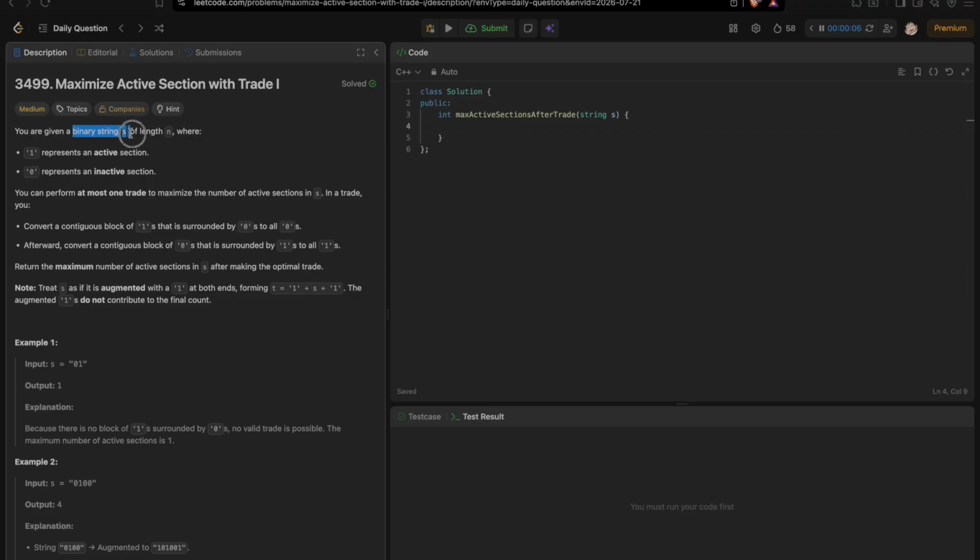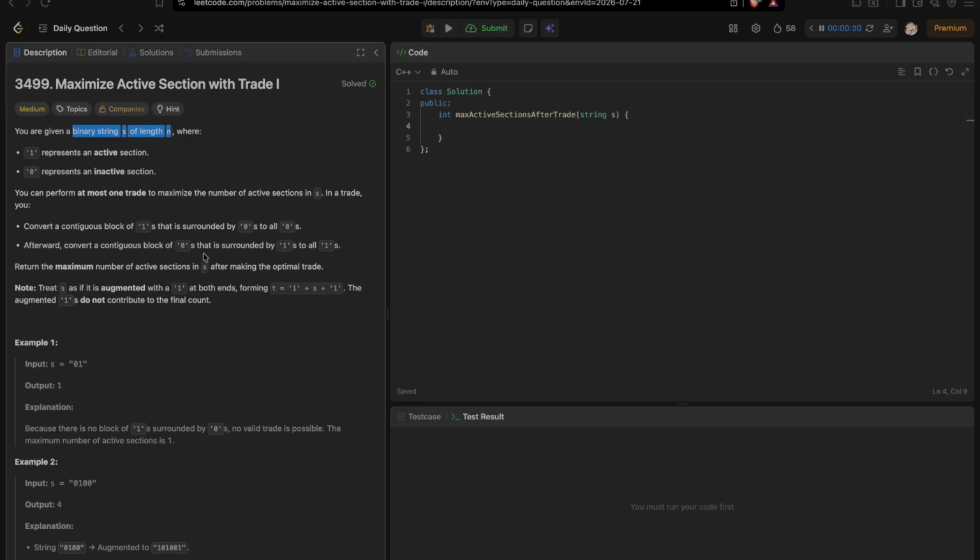Binary string is length n. 1 represents active, 0 represents inactive. At most, one trade to maximize the number of active selections. In a trade, we convert continuous blocks of 1 surrounded by 0 to all zeros.